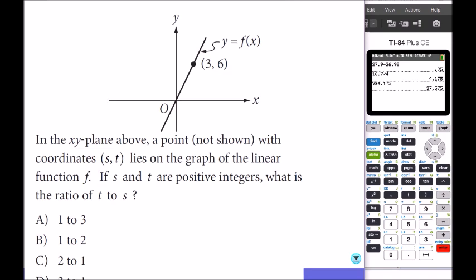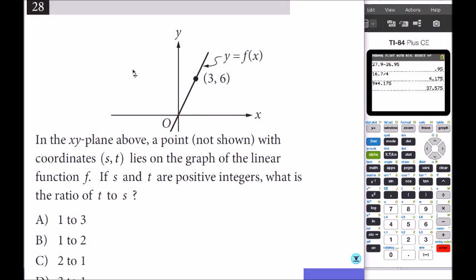28. In the XY plane above, a point not shown with the coordinates s, t lies on the graph of the linear function on the line. If s and t are positive integers, what is the ratio of t to s? So here t to s should have the same ratio, same slope.